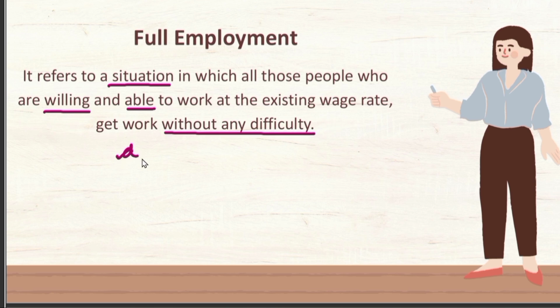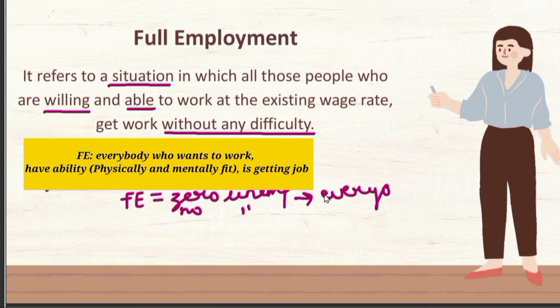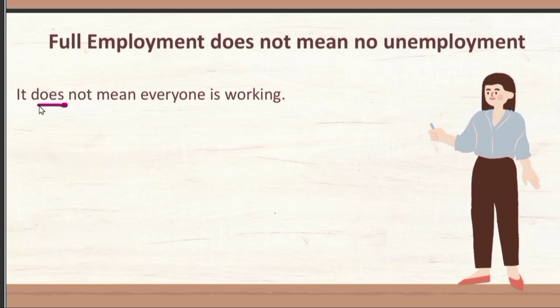So here the demand for labor is equal to the supply of labor. Generally, we thought that full employment means zero unemployment, or no unemployment, which means we have believed that everyone is working. However, it does not mean everyone is working.